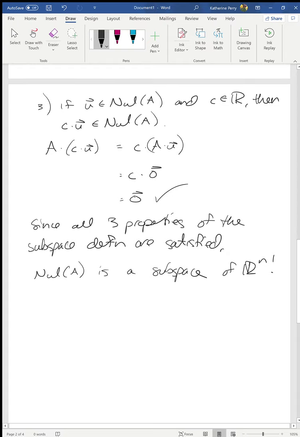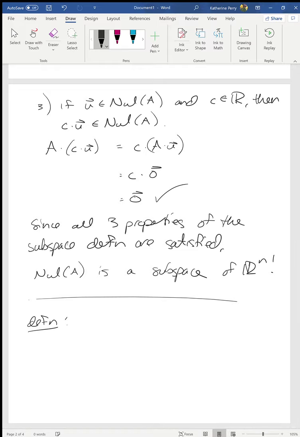Okay, and the last thing I want to define is what's called a basis for a subspace, which I have alluded to in class, but I want to formally define it now.